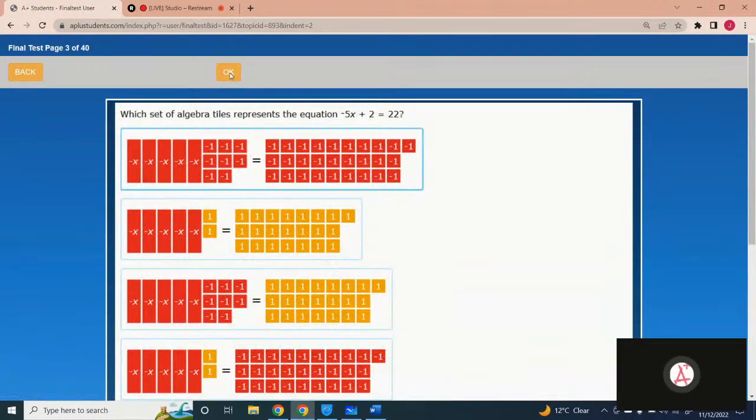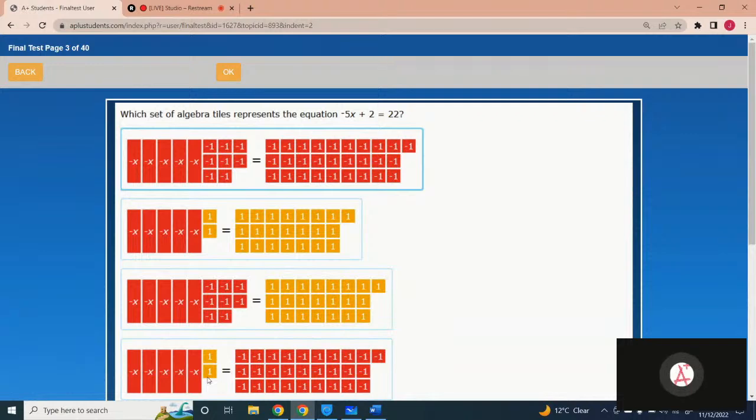Which set of algebra tiles represents the equation negative 5x plus 2 equals 2? So negative 5x, that means you have 5 tiles for the x. So which one has the 5 tiles? Negative 5x and 2. This one is the correct option because you have 1, 2, 3, 4, 5 tiles for negative x.